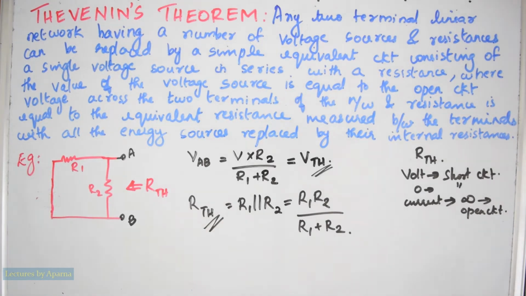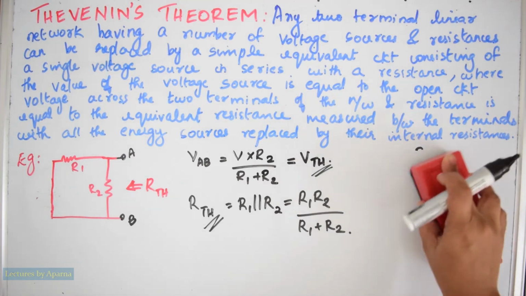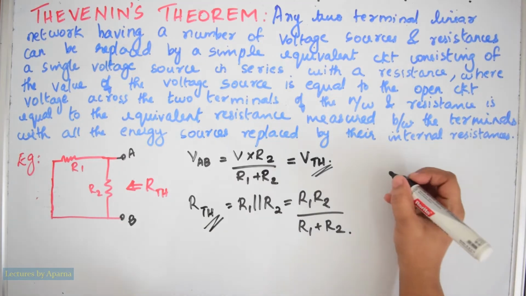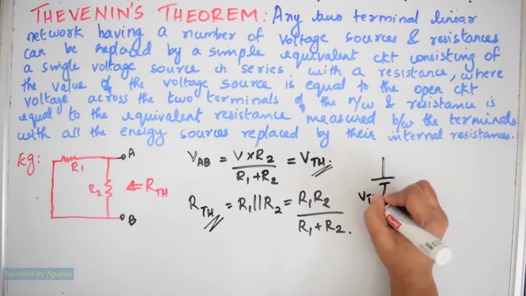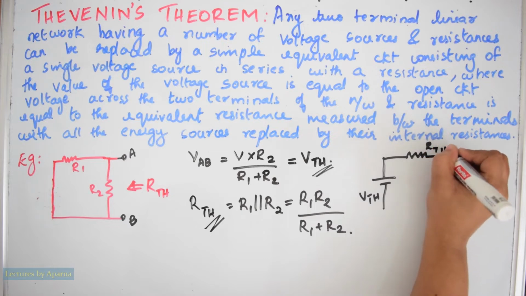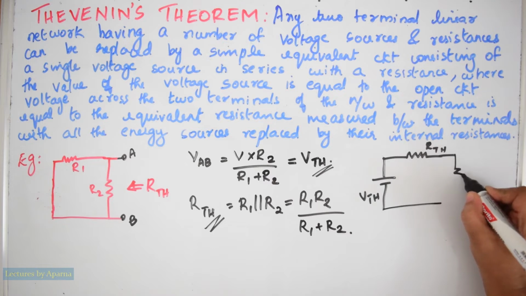Now we have to draw the Thevenin's equivalent circuit. So the Thevenin's equivalent circuit will be this VTH in series with this RTH, and now we can fit the load resistance here.